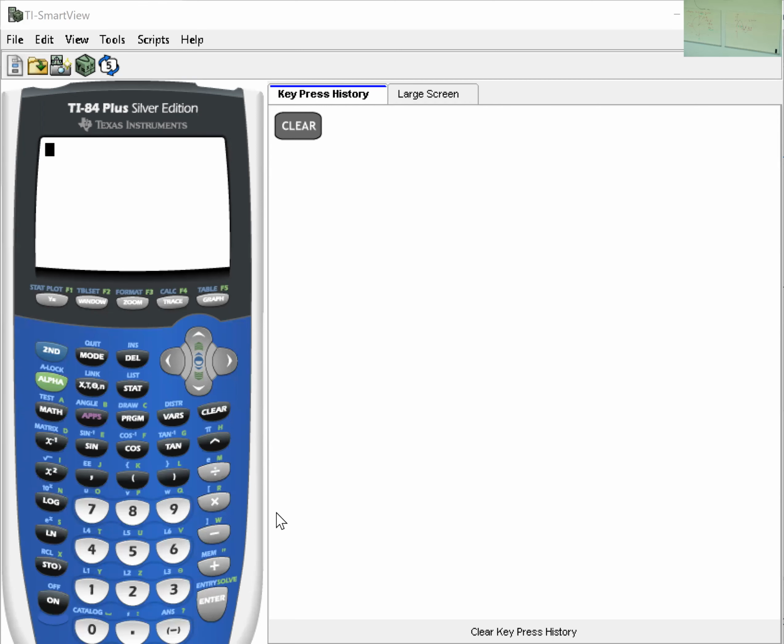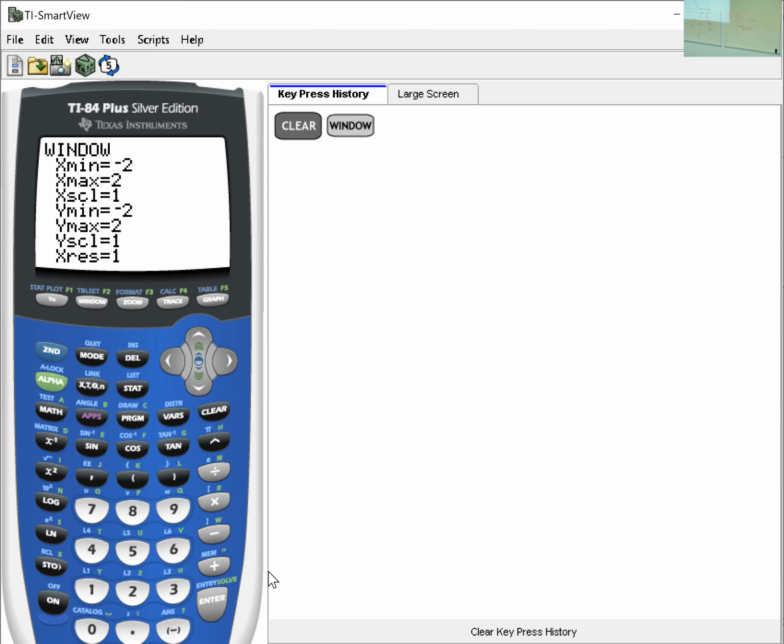Okay. First, I am going to start with the window because I want you to see periodicity. So 2 pi periodic, I'm going to set the window from negative 2 pi to positive 2 pi.